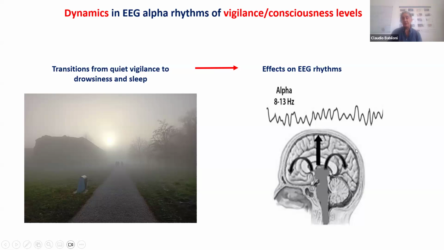And so these are systems that regulate the cortical excitatory inhibitory balance and are responsible for the generation of EEG.